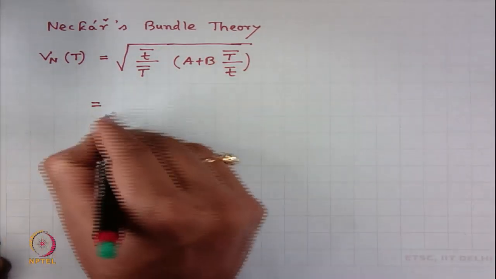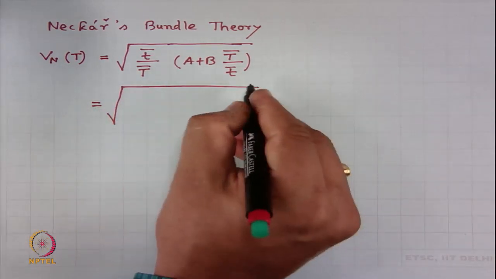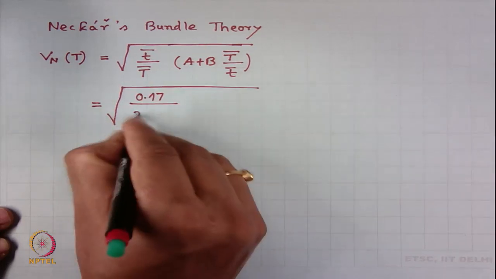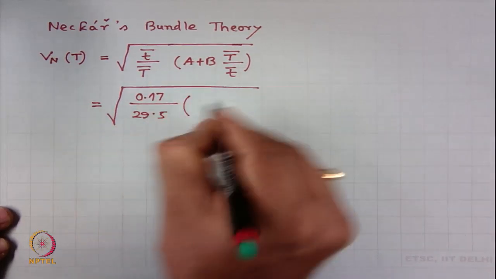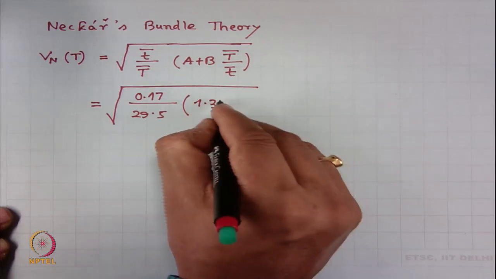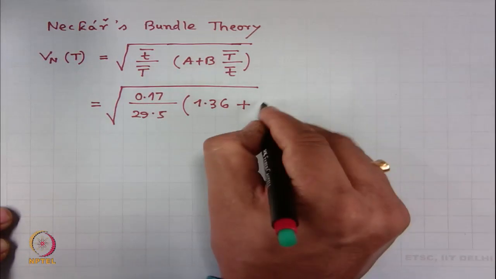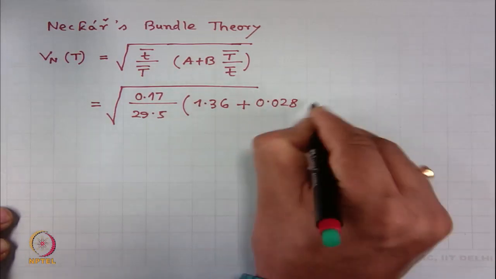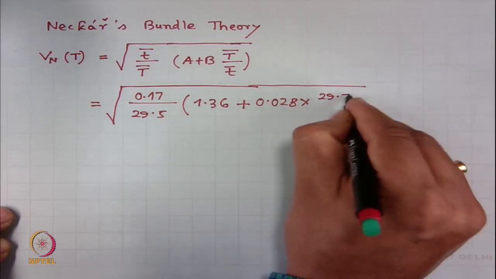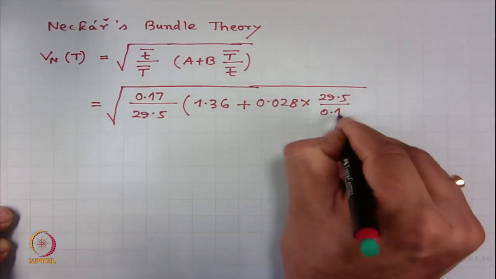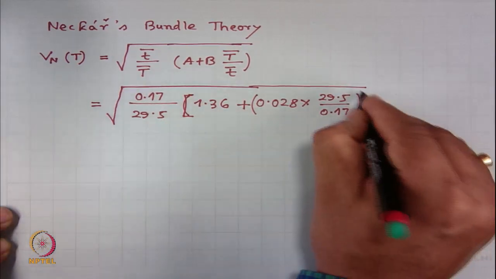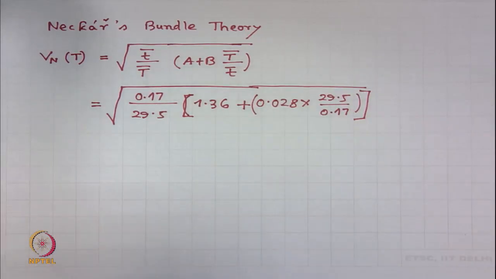What is t bar given, this by this, and what is the value of A given, 1.36 plus B is 0.028 into 29.5 by 0.17, right.